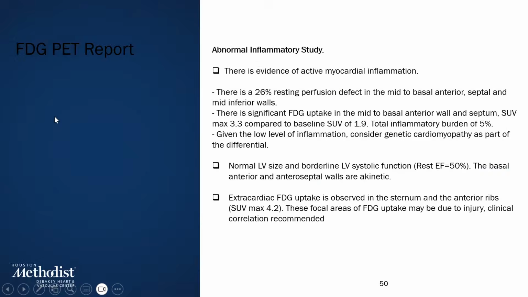And I think with this, this study was read as an abnormal inflammatory study with, first of all, highlighting the perfusion defect, which shows areas of scar in the areas previously described, and then significant focal FDG uptake in the mid to basal anterior wall and septum, total inflammatory burden of about 5%.